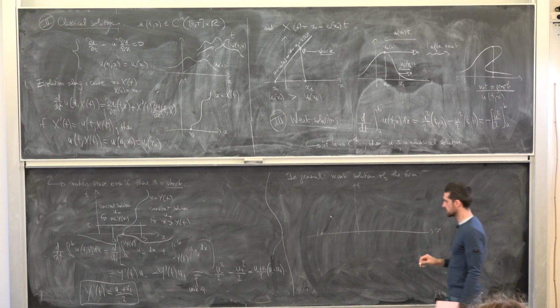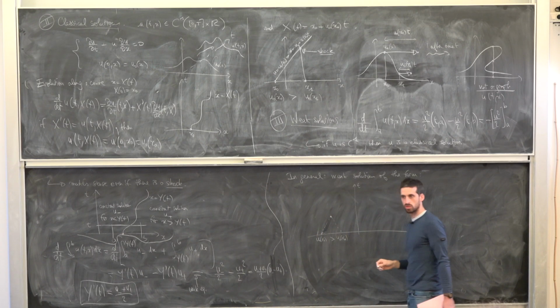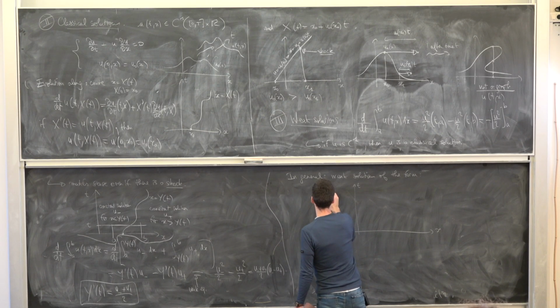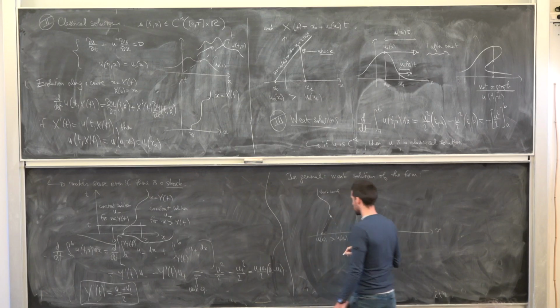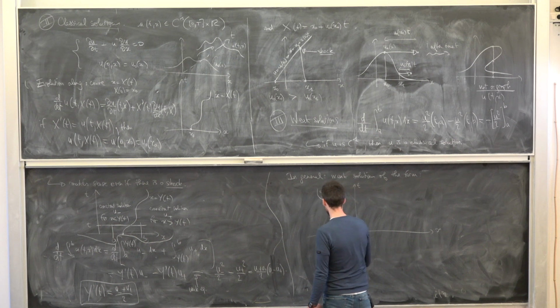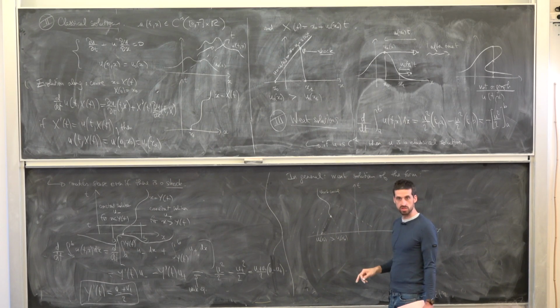If I have u0 of x0 larger than u0 of x1, I said I'm going to create a shock. Well, what's going to happen here is that now I'm going to have a shock curve, which is going to have the property that its local slope, the way it's tangent, should be the average of the values from both sides.